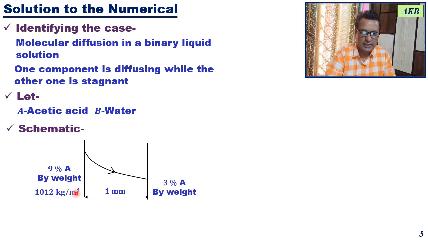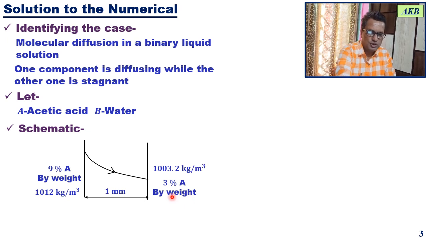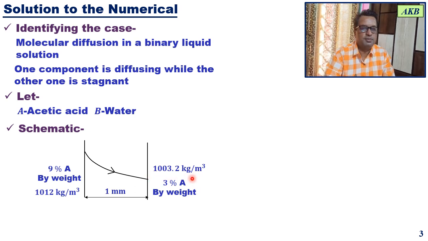Then at this end, with this concentration of A, the density of the solution is 1012 kg per meter cube, and with 3 weight% of acetic acid, the density of that solution is 1003.2 kg per meter cube. So this information is given to us in the statement.